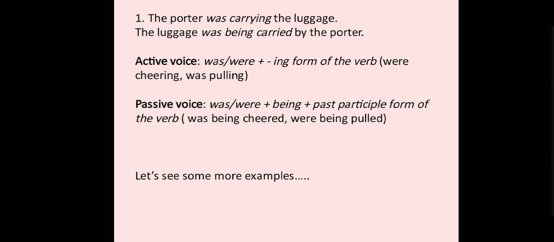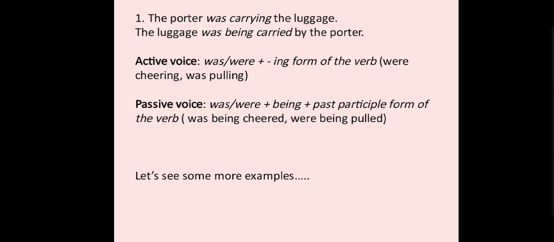So here we can tell that our sentence is of past continuous tense because the verb given is "was carrying". Now we need to change that verb into passive voice. We need to make these changes: "was" or "were" plus "being" plus the past participle form of the verb. Examples: was being cheered, were being pulled.